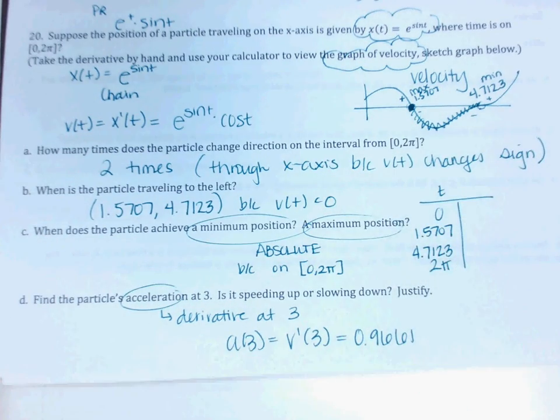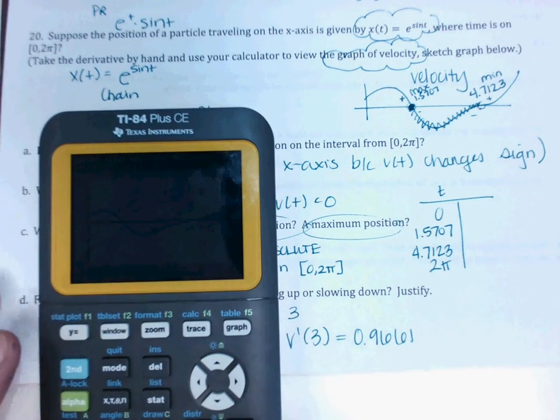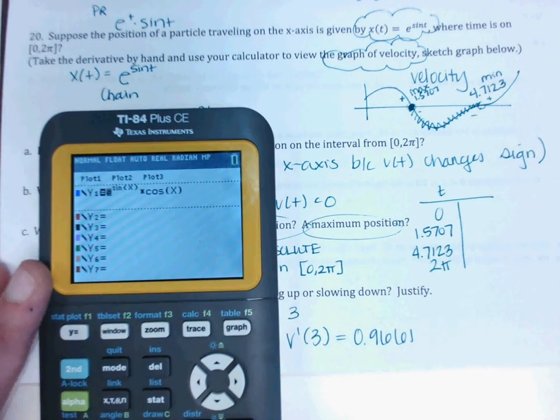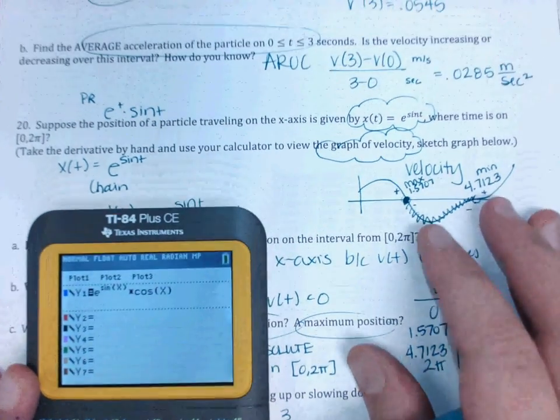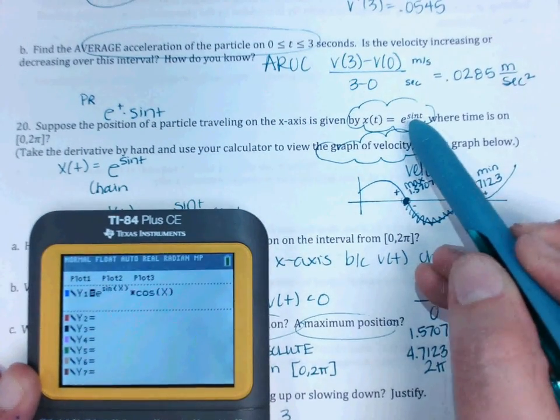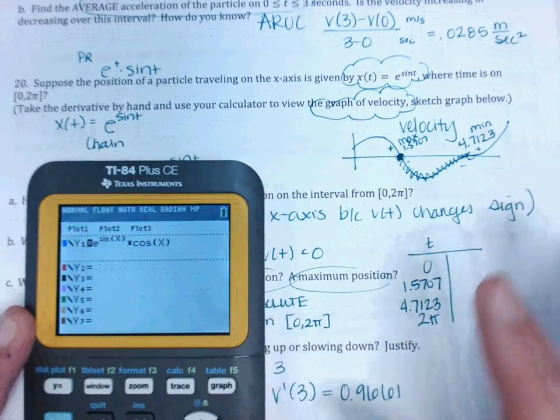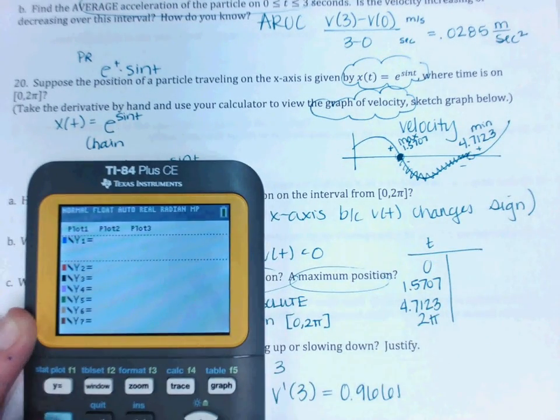And then when I plug in a candidate's chart, you're looking for the biggest y value and the smallest y value. You're plugging back into the original. So can I use what's typed into my calculator as it is? Is that the original? What was the original? e to the sine x. So I have to go back to my position, e to the sine x, and then I'm plugging into that.